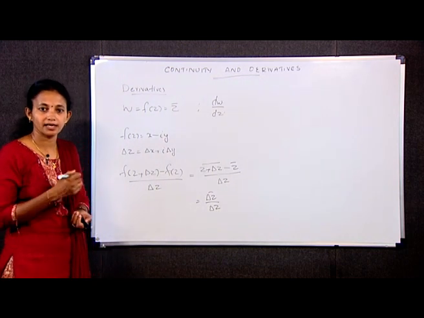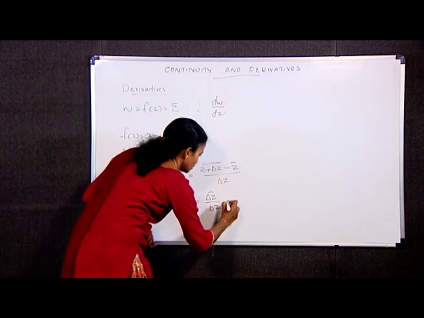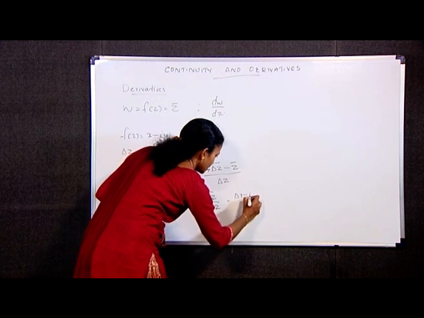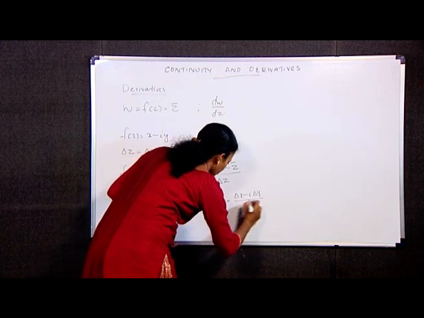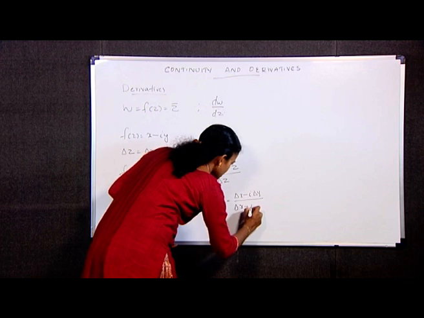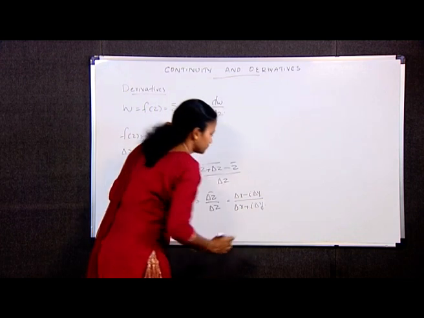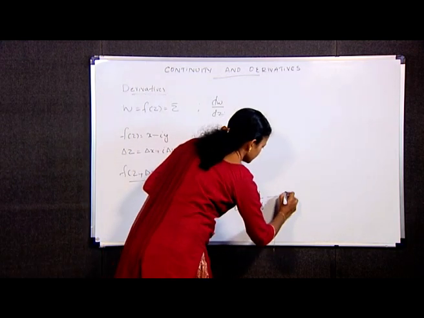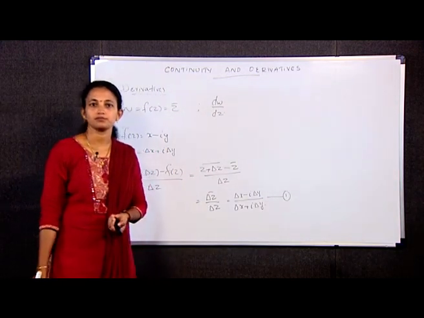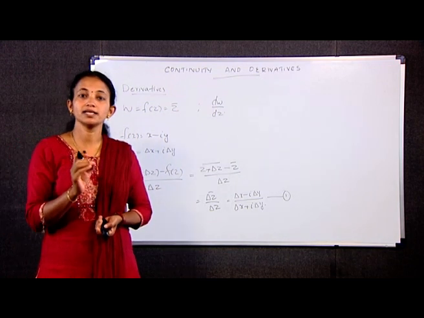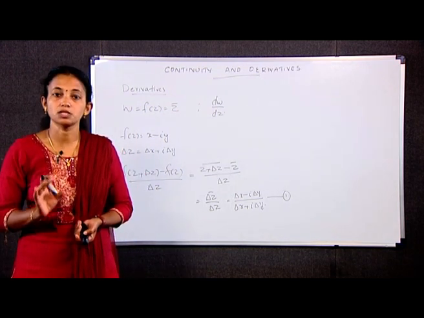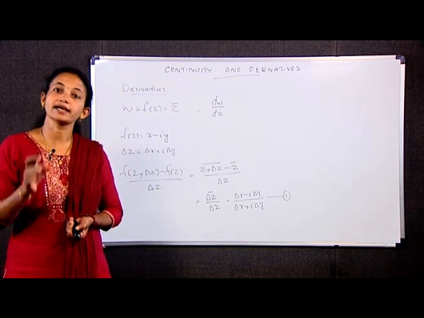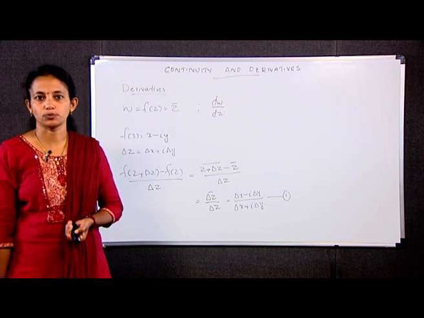Which is again equal to delta x minus i delta y by delta x plus i delta y. Mark it as equation number 1. If delta y is equal to 0, this is plus 1. If delta x is equal to 0, this is minus 1.